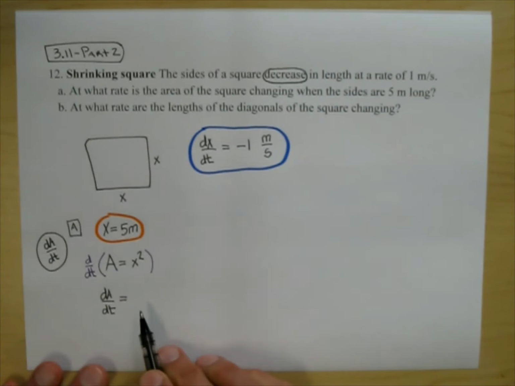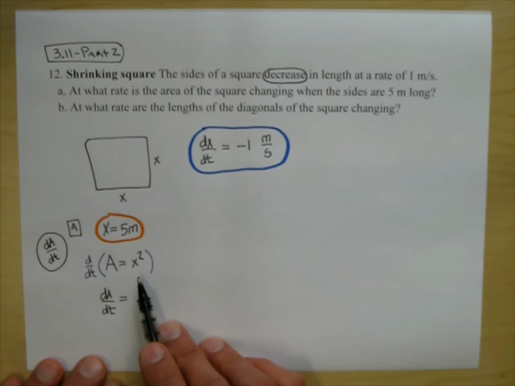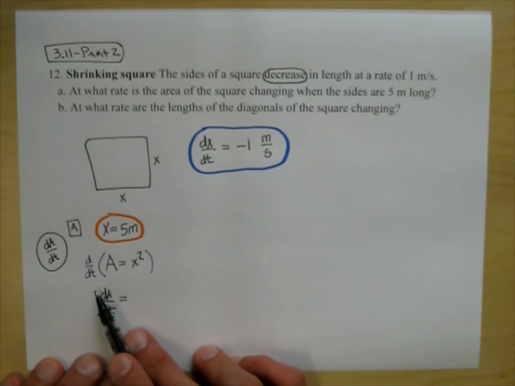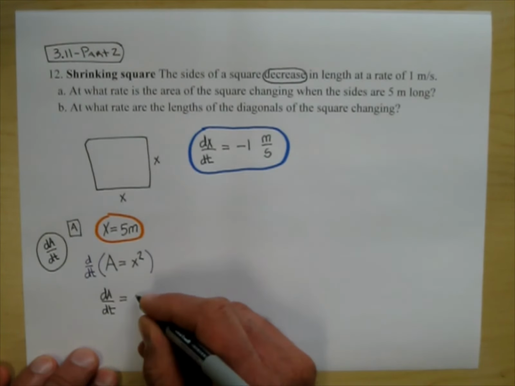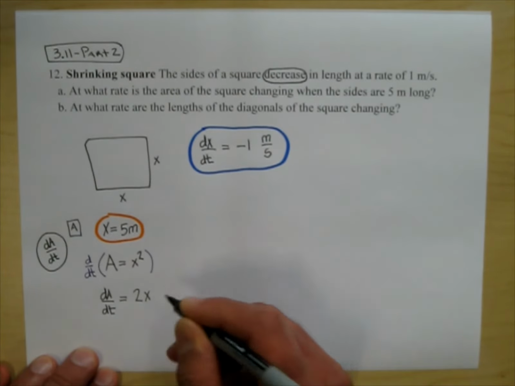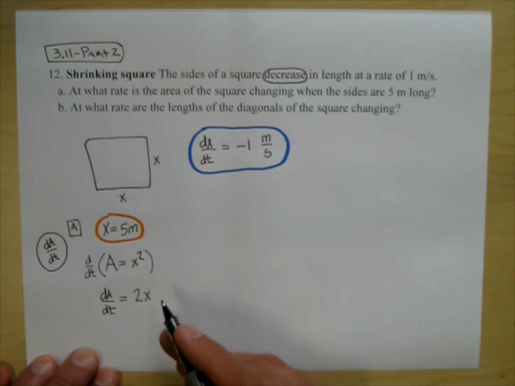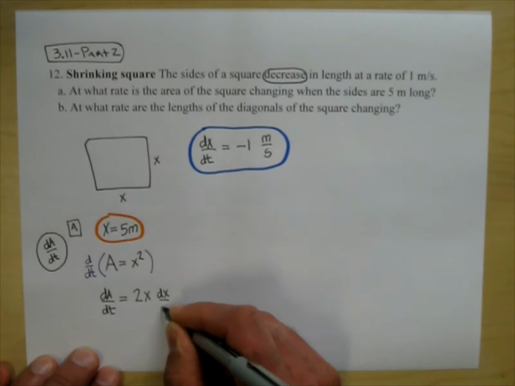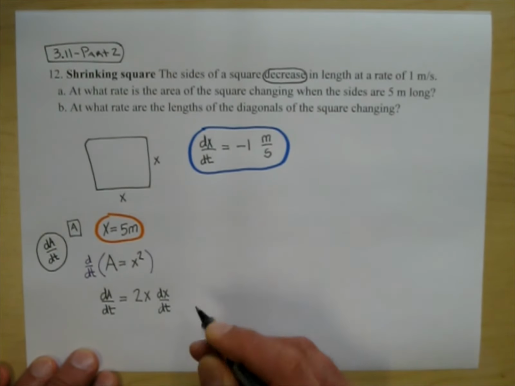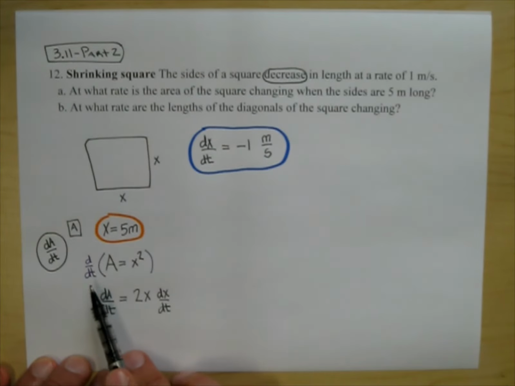equals. Now on the right hand side, we are taking the derivative of x squared with respect to t. So the derivative of x squared is 2x. And then we have to put the dx/dt. Now in implicit differentiation, we would take the derivative with respect to x on both sides, and we wouldn't have to put that because it's just a dx over dx, but this time we put that.